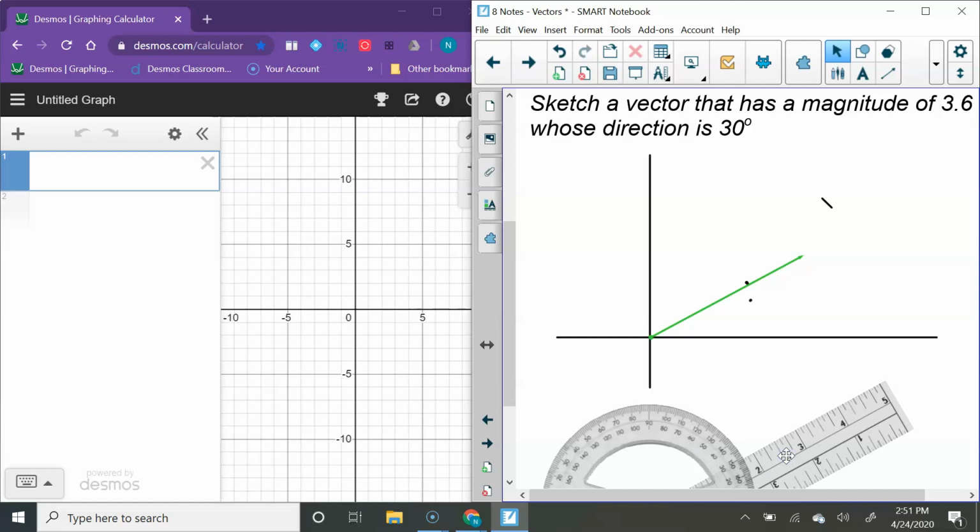It has a length of 3.6, in this case inches, and 30 degrees. Right here is the angle. So that would be how you would draw a vector if you were going to draw those by hand.